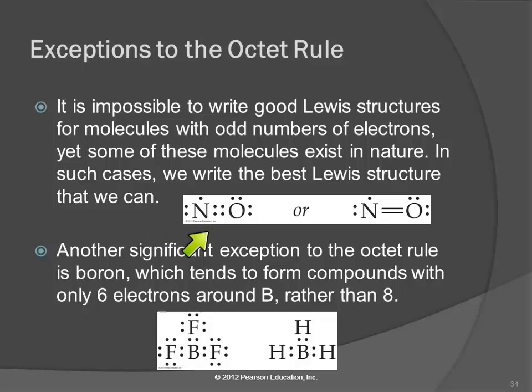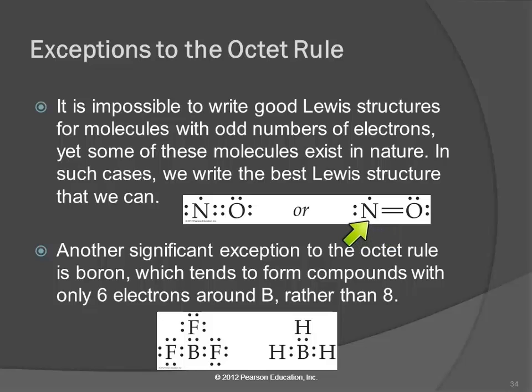Nitrogen has 5 valence electrons, and oxygen has 6. 5 and 6 is 11. 11's an odd number. There's no charge on that, and so there's 11 electrons. So we could put them like this. So the nitrogen has 2, 4, 6, 7, and the oxygen has 8. Or we could write it like this. And that's really as close as you can get.